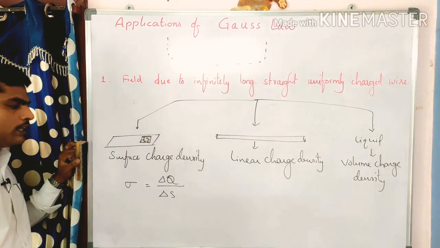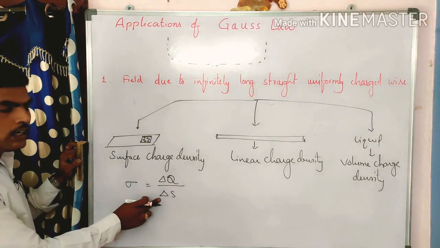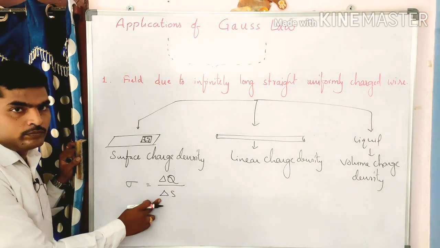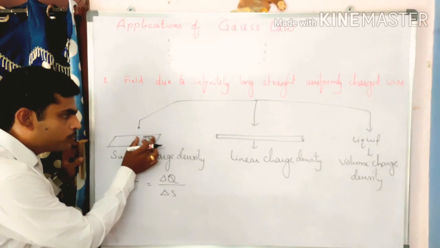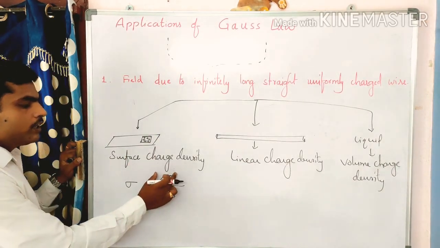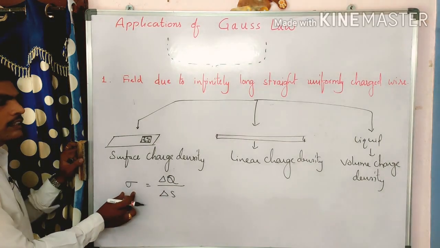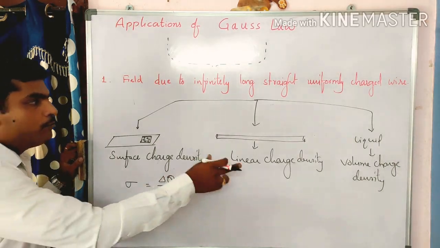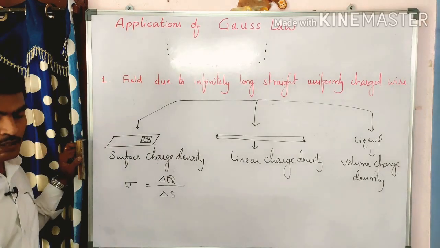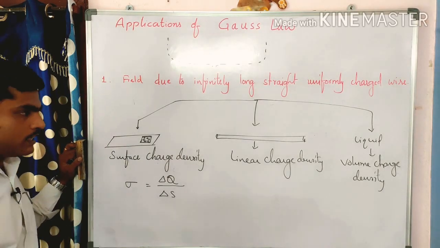For that small area element, whatever the amount of charge is there, that ratio is the surface charge density. These are important to us to understand the applications of Gauss law. That's why we are discussing this.